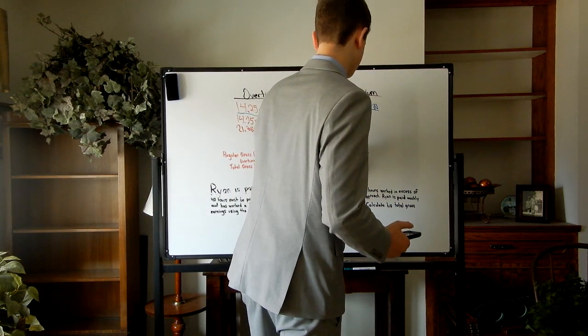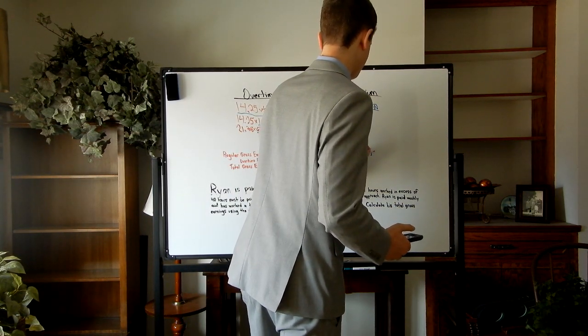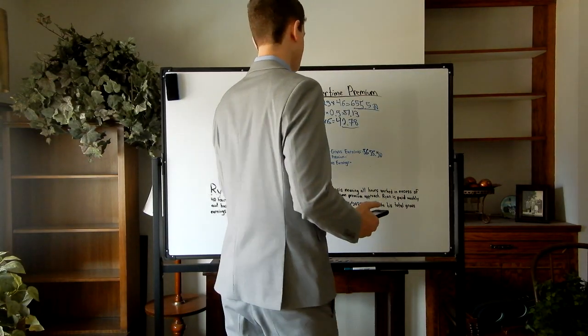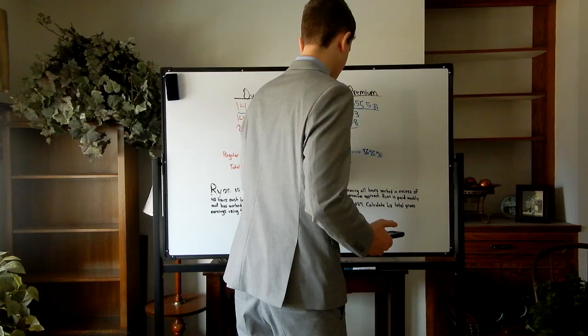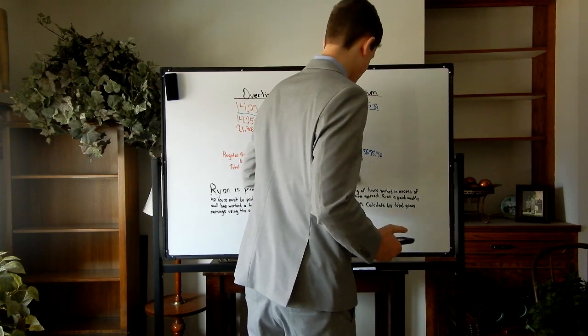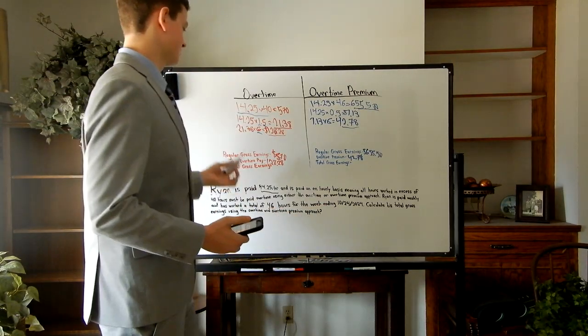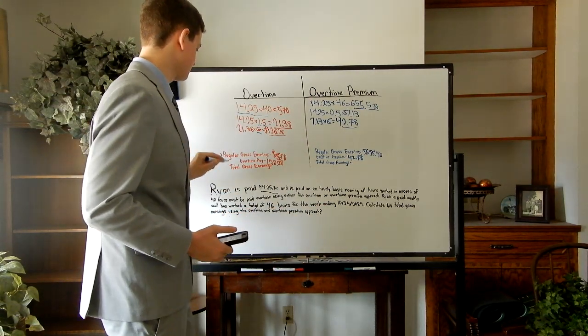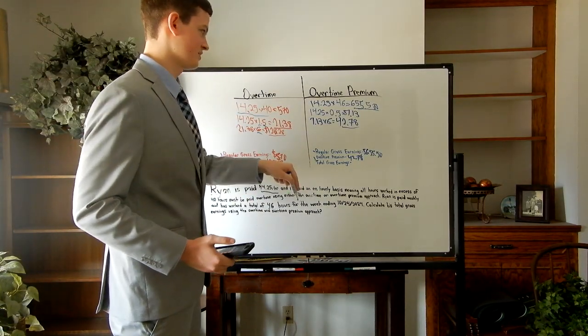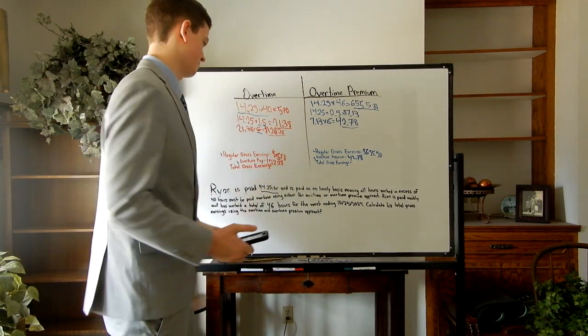So, $655.50 and $42.78 here. Then we add the regular gross earnings and the overtime pay for both columns, both overtime and overtime premium.